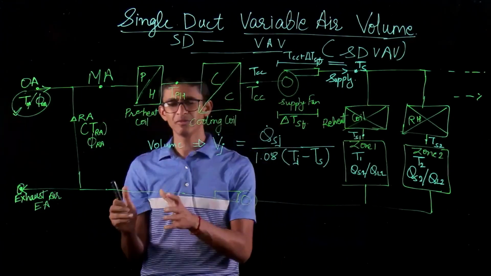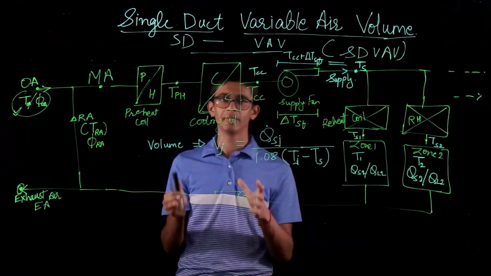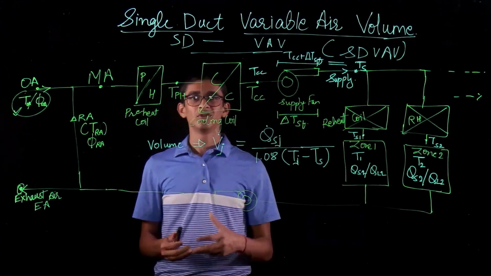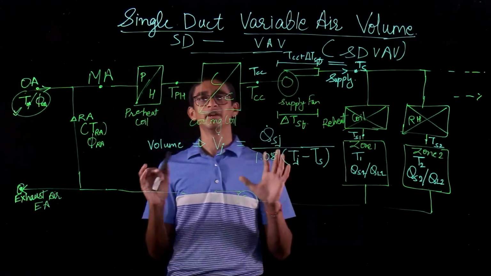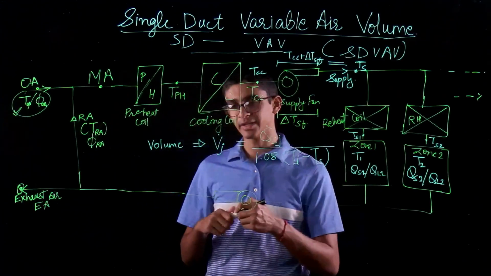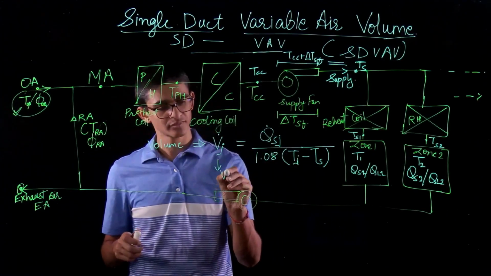But we want a minimum value of volume flow supplied to that zone, to maintain the ventilation and fresh air which is coming.